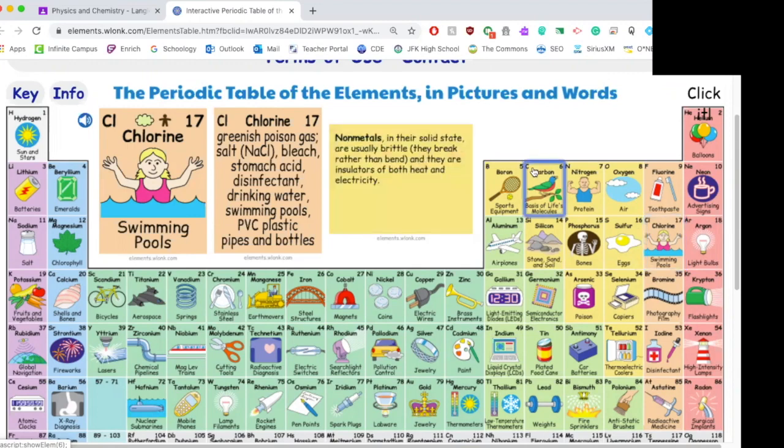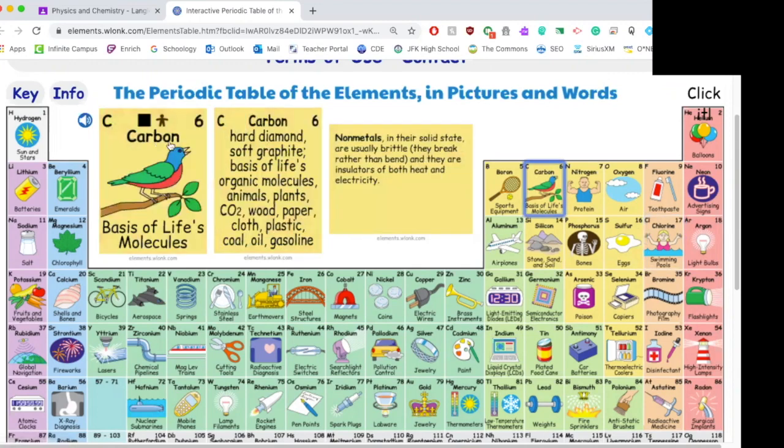That was an easy one to find. C is carbon. That's number 6. We know that carbon is in anything that's living, but when it's just by itself, it's the color black. Remember, it looks kind of like coal. It's like black rocks.